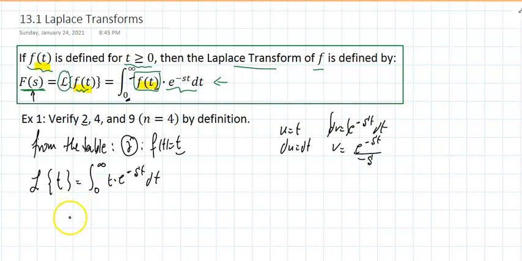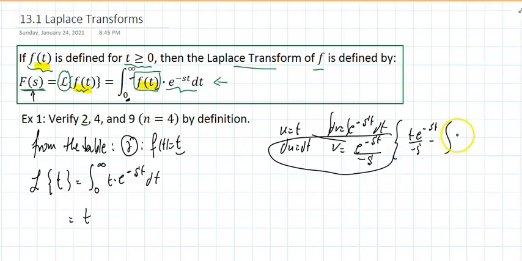So this is going to give t times e to the negative st divided by negative s, minus the integral of v du, that is e to the negative st over negative s dt.